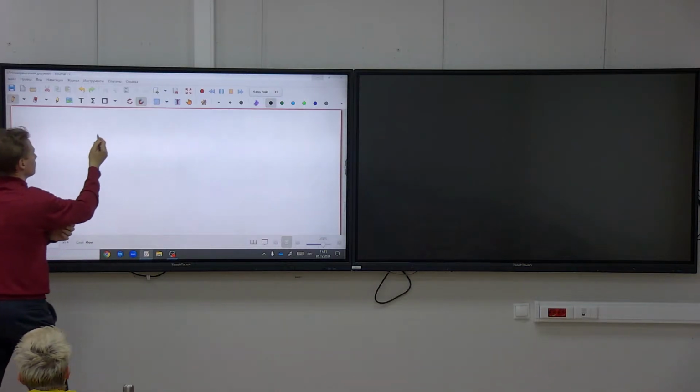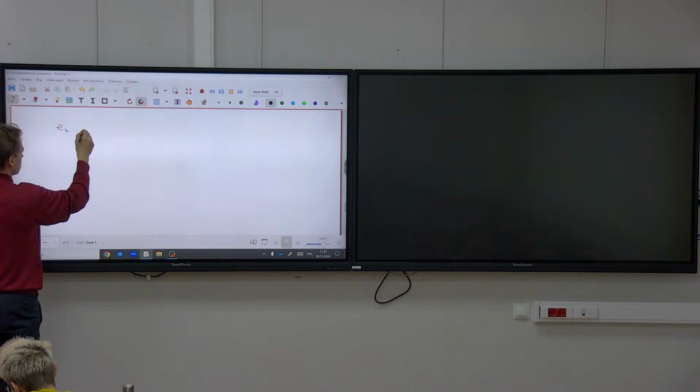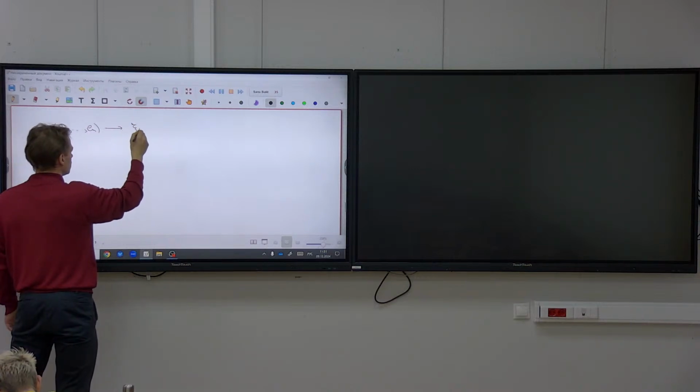So we have started with the following observation. We have taken the basis E_1, ..., E_n and constructed, associated simply the dual basis.